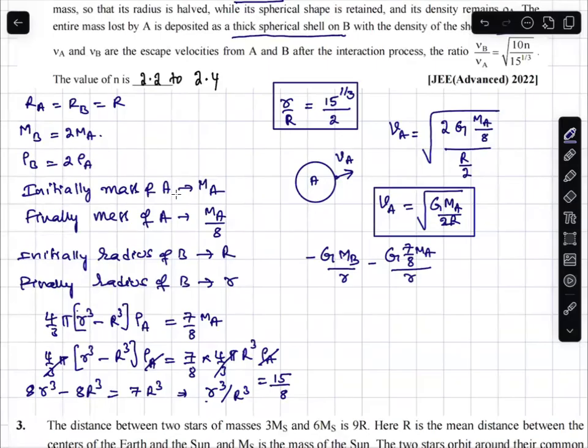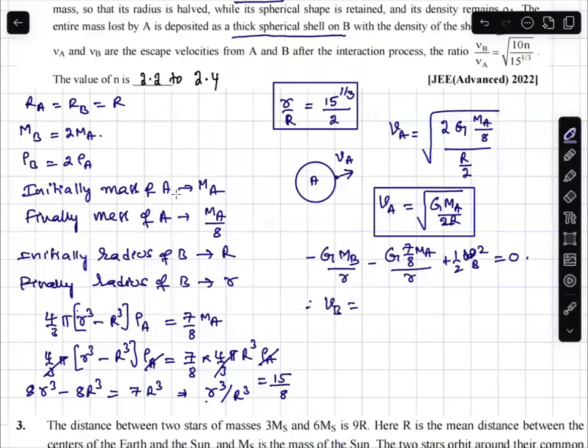Earlier B, of course, is of radius R. Now it is covered with something else. Now its radius is smaller. So therefore, everything is on the surface of that shell. From the center, it is at a distance of small r. So this is the potential energy. And half V square, VB square, plus potential energy, escape velocity on B is 0.